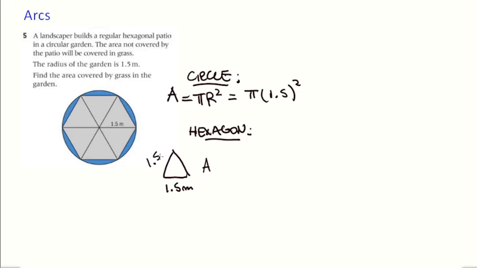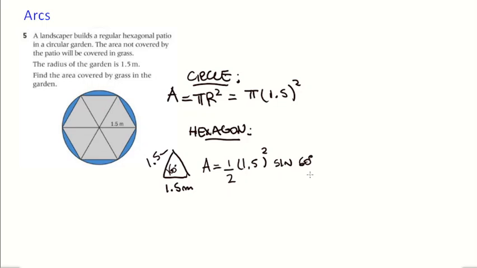So since this triangle is an equilateral triangle, I know that all angles are 60 degrees and I know that all sides are 1.5. So the area, I can choose any of the angles, it would be the same, and I would need 2 sides which are adjacent. So the area for one triangle would be a half. Multiply each of the sides, so in this case it would be 1.5 squared, and multiplied by the sine of the angle between them.